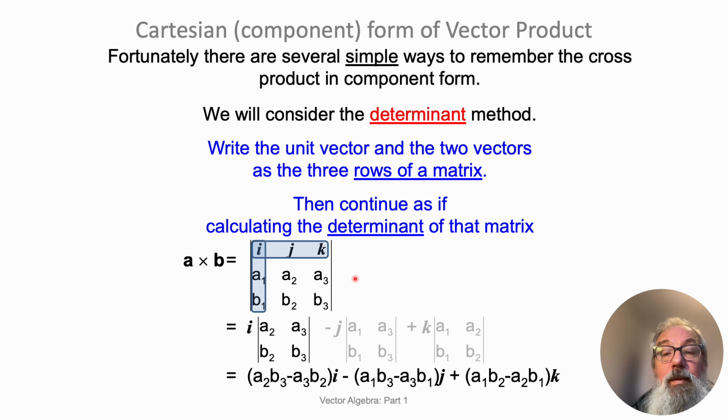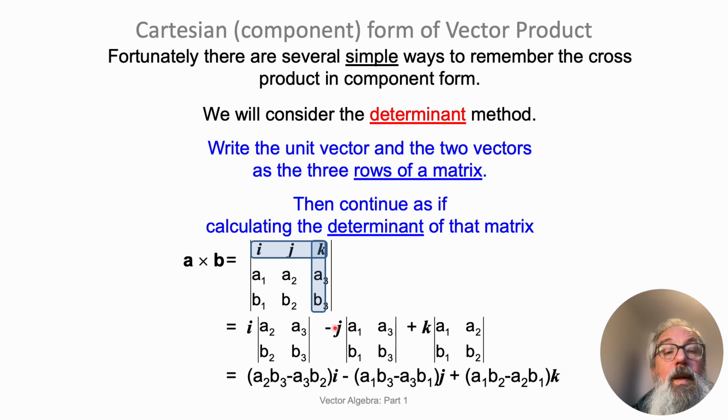Now, to calculate the determinant of a matrix like this, we take the letter in the first column, eliminate that row and column, and we're left with A2, A3, B2, B3. Then for the second column it's minus, because in determinants it goes plus, minus, plus. So minus J, and we're left with A1, A3, B1, B3. And the third column is plus K, and we're left with A1, A2, B1, B2.